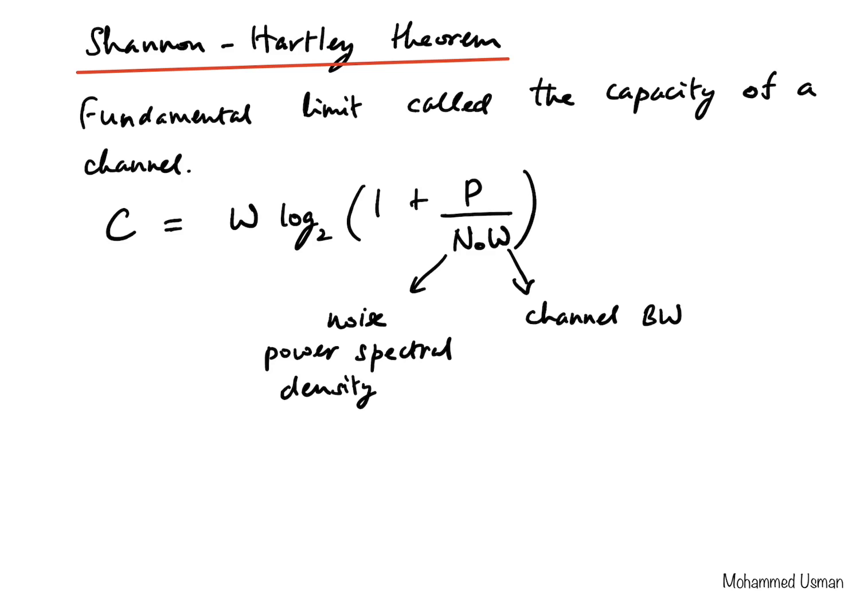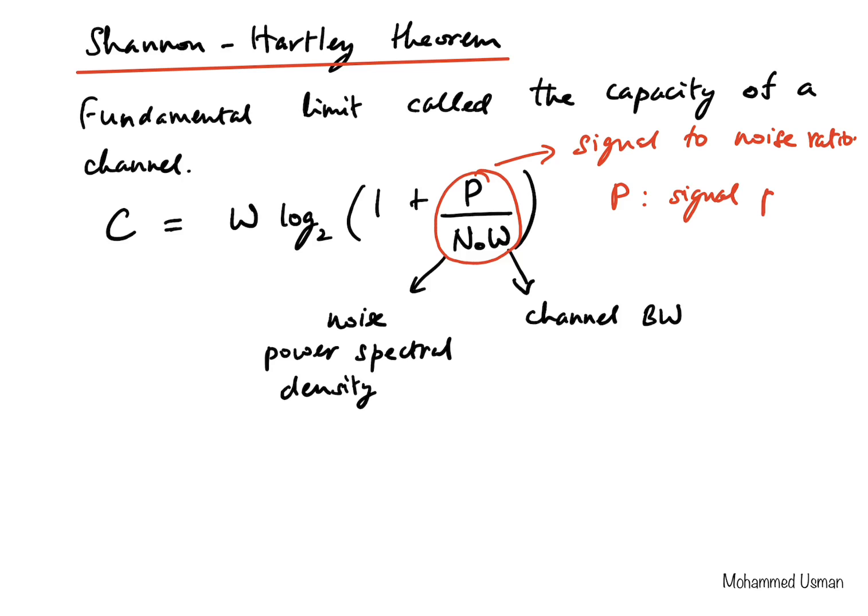This whole term on the right denotes the signal to noise ratio. P denotes the signal power, and N naught times W denotes the noise power.